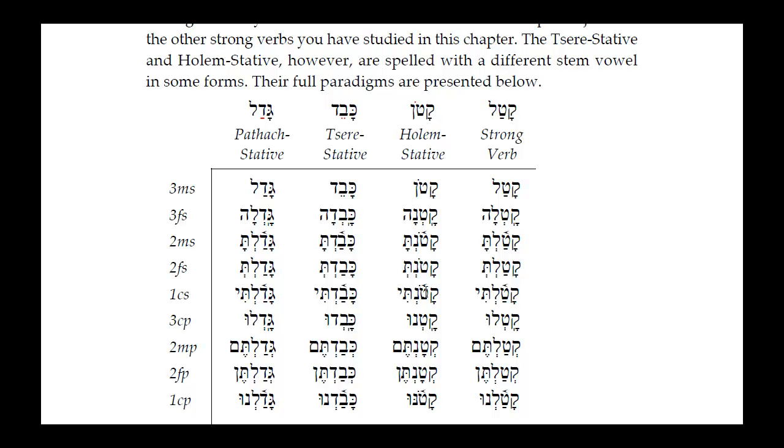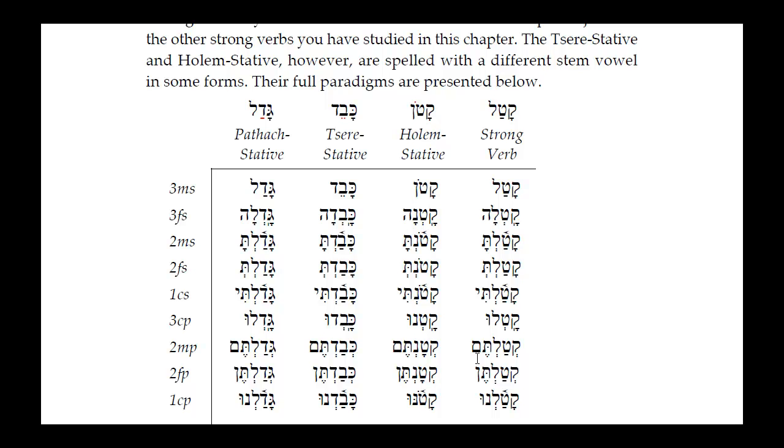The only thing you'll notice that may change is in the second masculine plural and the second feminine plural, where the vowel is actually not a holem. This is actually a qamets hatuf. That holem, which is a reducible long vowel, reduces down in the second masculine plural and the second feminine plural to a qamets hatuf, a short o.